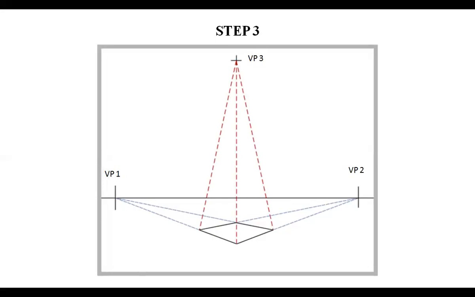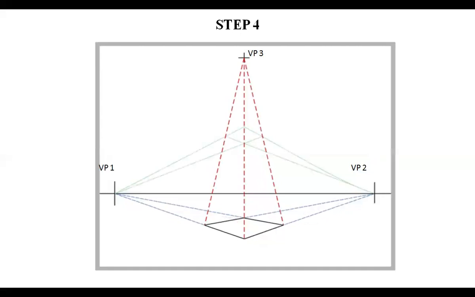Step 3. Starting from the third vanishing point VP3, draw lines that run to the corners of the shape. These vanishing lines represent the edges of the geometrical form. Step 4. Draw the upper surface of the geometrical form.